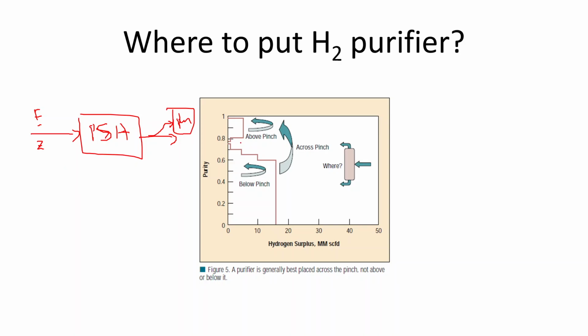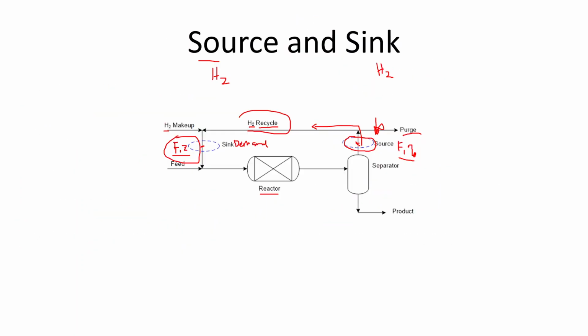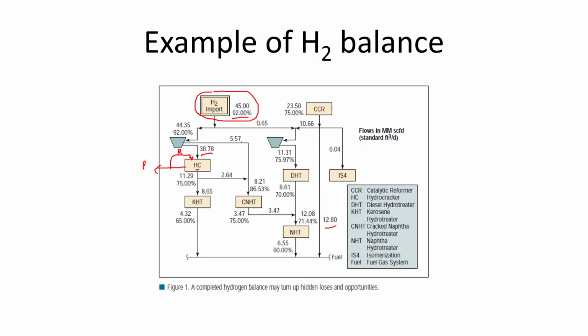If you don't do this analysis, and you have this plant, for example, then common people will say, well, I will need more hydrogen, and I cannot import more, and I don't want to build a new hydrogen plant because of, I don't know, capex limitation.